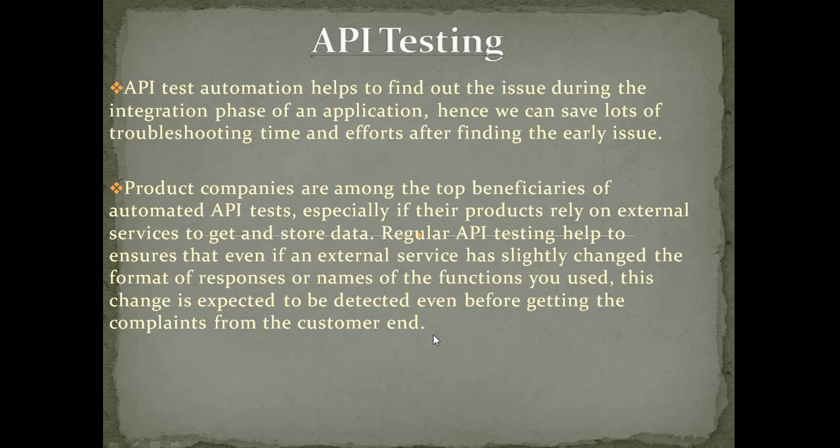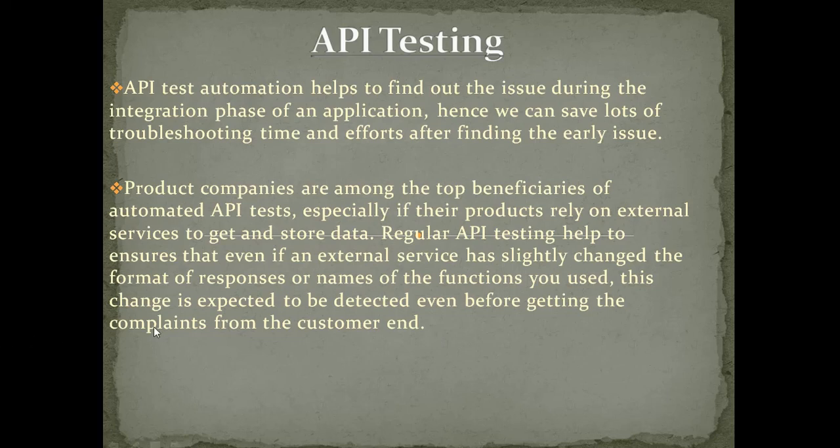So this is one more type of early testing scenario. If one company is dependent on some external APIs, we will test in an early stage, so that we can catch the defect early, before catching the issues from the customer end.